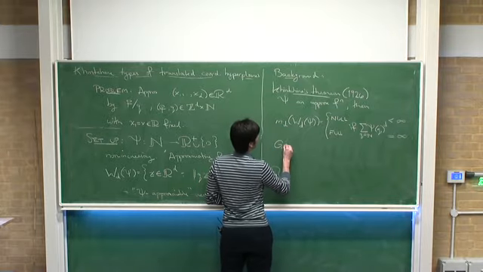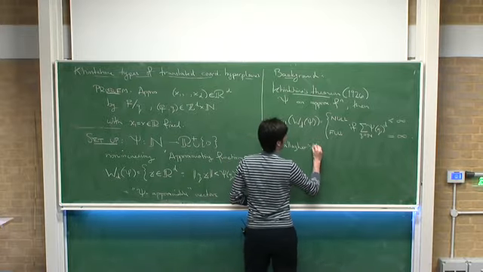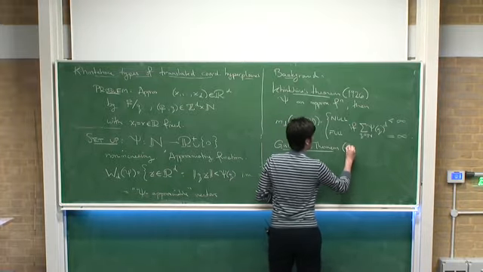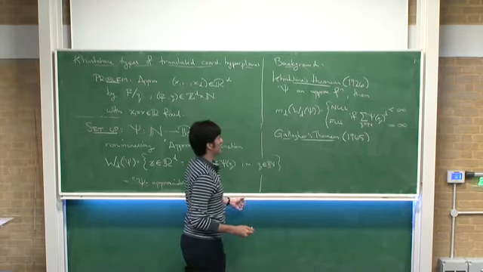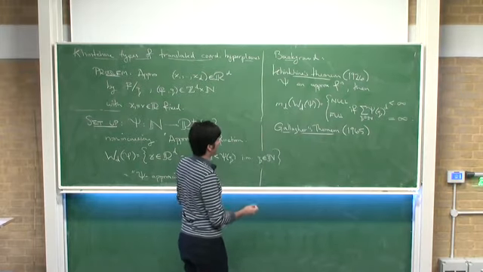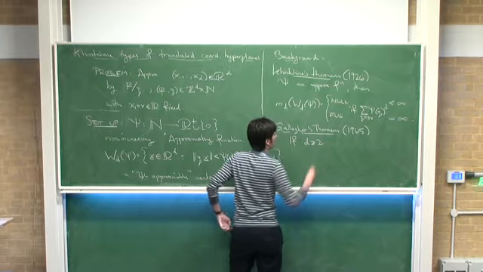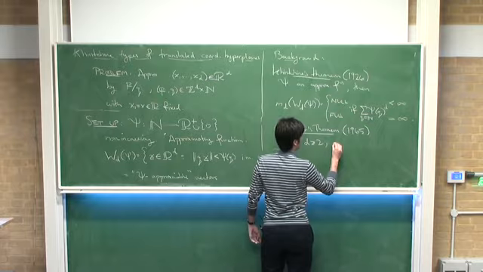So the other theorem I wanted to write up was Gallagher's theorem. It's the same statement. The theorem is that if d is at least 2, then we can dispense with the monotonicity assumption.